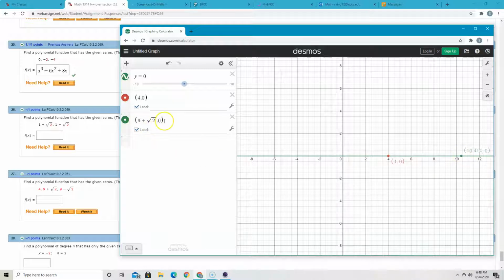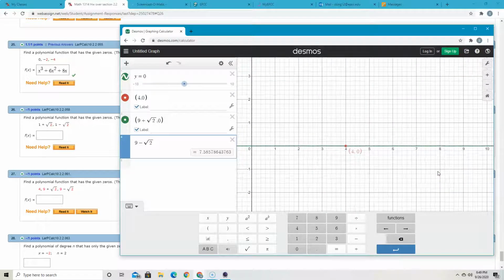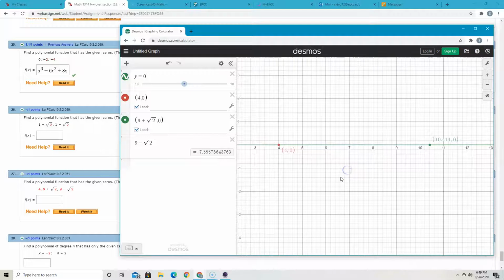And the other one is the conjugate of this, 9 minus the square root of 2. Let me do that first. That'll be 9 minus 1.414-ish, which is 7 point something. And there it is, a positive number, a little bit past 7. So we're going to get a third zero right here somewhere.